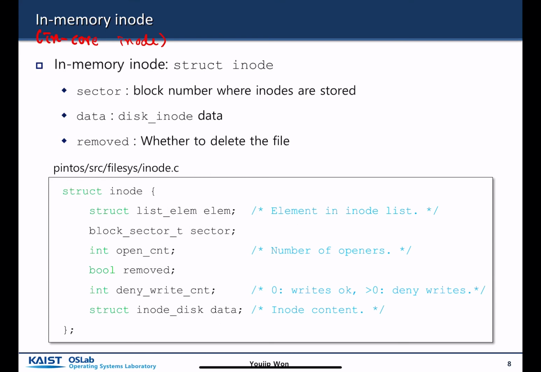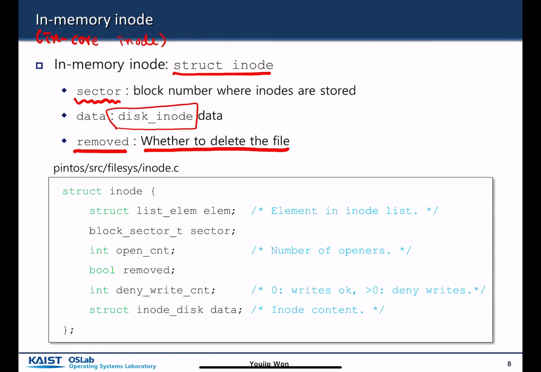In Pintos, the name of the data structure for in-memory inode is struct inode. And the in-memory inode contains the address of the on-disk inode on the disk. It represents a block number where the inode is stored. And then it contains the disk inode. And then it contains a flag whether to delete the file or not.